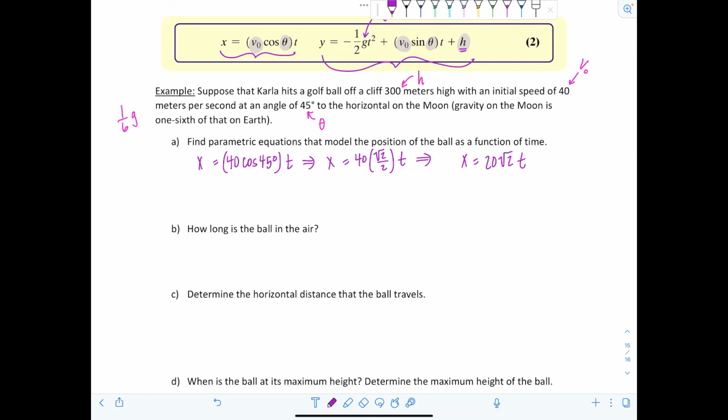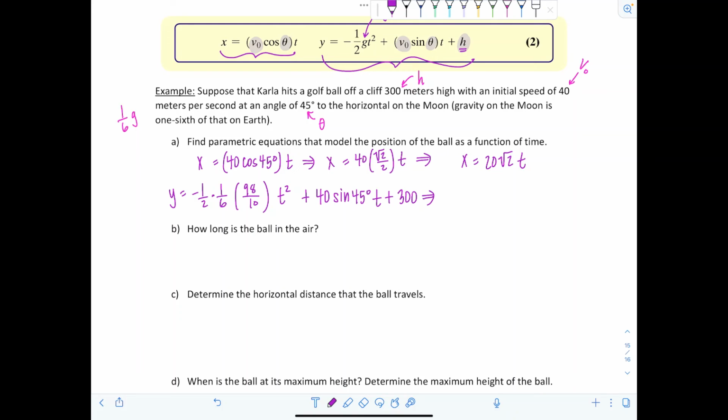I'm not. y equals negative 1/2. And then remember, instead of g, we're using 1/6 of g. So 1/6 of 9.8. I don't want to mix decimals and fractions. 9.8, I know it's rounded, but I'll just write it as 98 over 10 for now, and then we can reduce. t squared plus, we'll have v naught 40 sine 45 times t plus, what was h? 300.